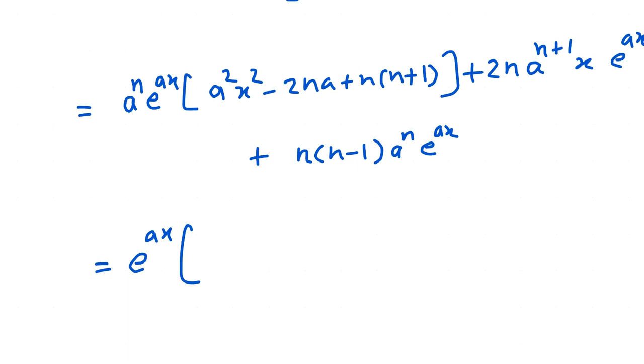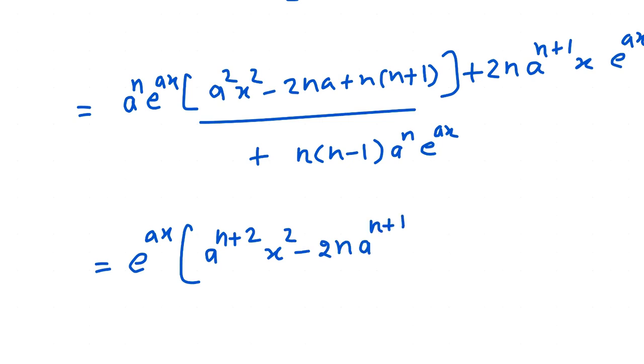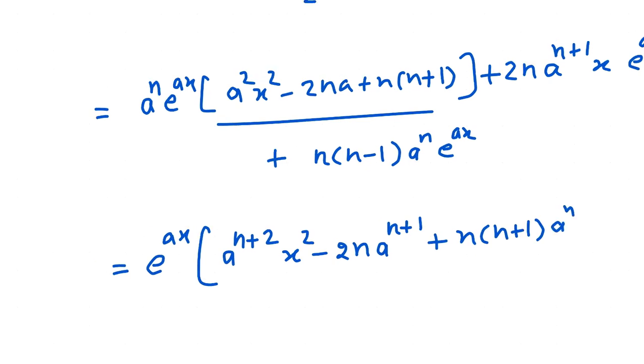Then you will have a to the power n plus 2 into x square minus 2n into a to the power n plus 1 plus n into n plus 1 into a to the power n, and plus 2n into a to the power n plus 1 into x plus n into n minus 1 into a to the power n. That's it.